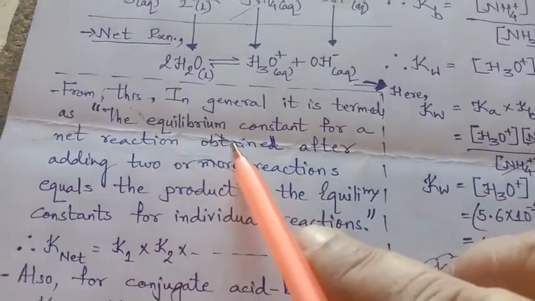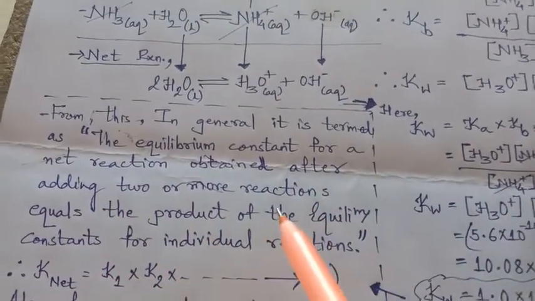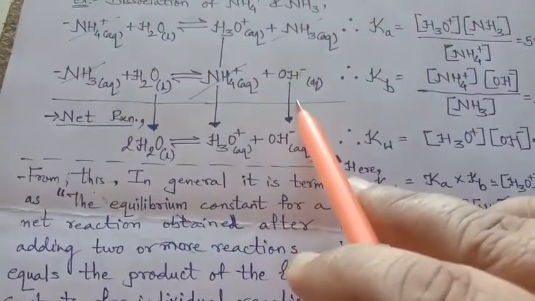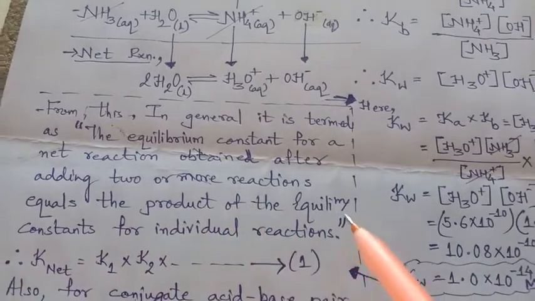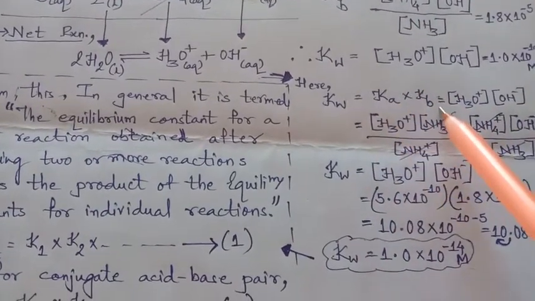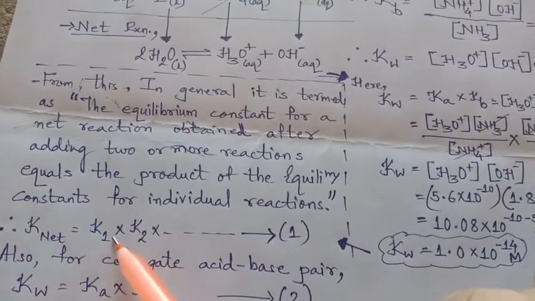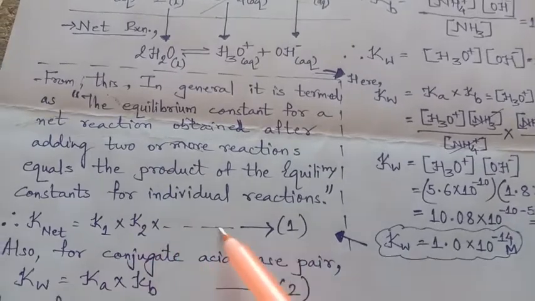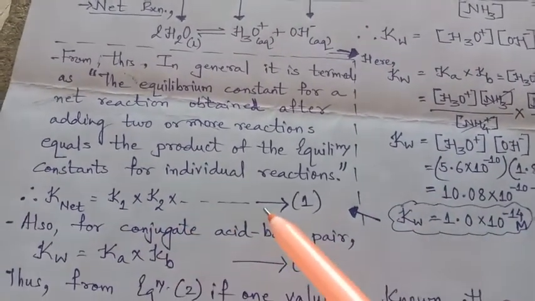The equilibrium constant for a net reaction obtained after adding two or more reactions equals the product of the equilibrium constants, and thus K net is equal to K1 into K2 up to the number of reactions. Let us say this is the first reaction.